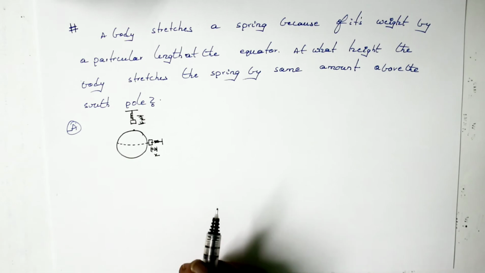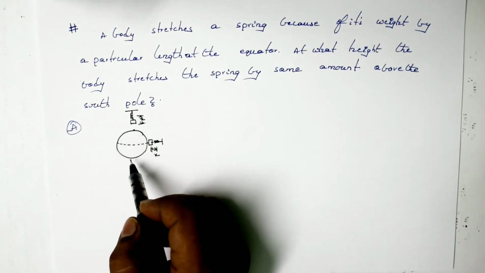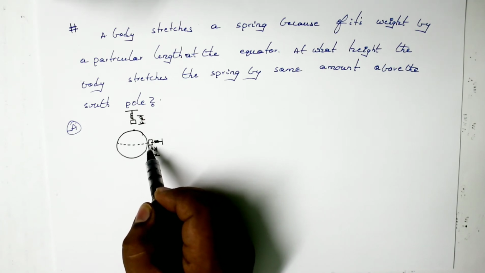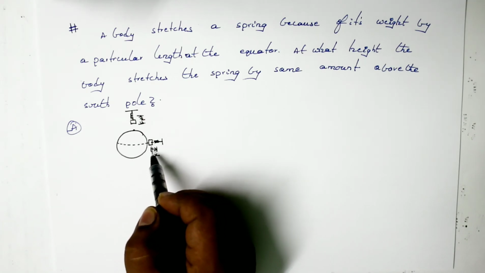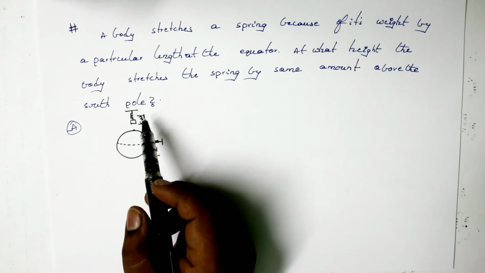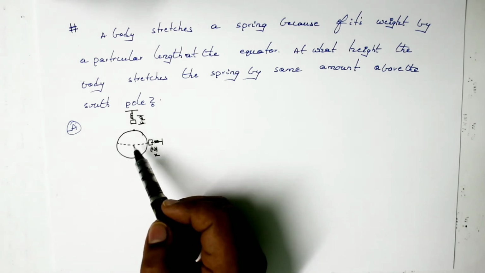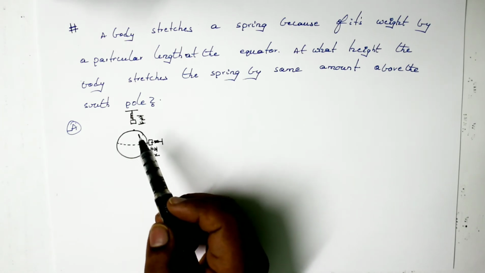That is the question. Now, why is this change happening? Why does the spring have a different elongation at the equator on the surface of the Earth, and at the south pole at a particular height?